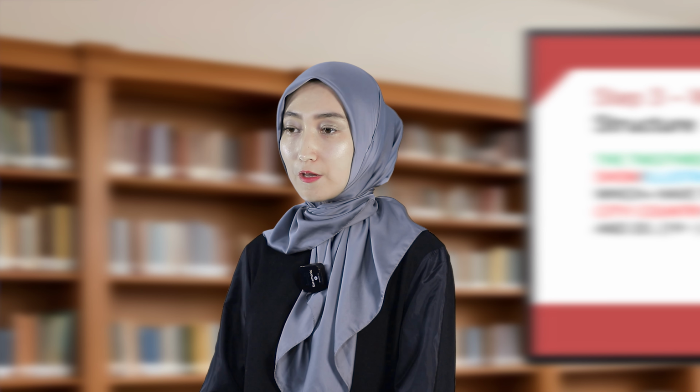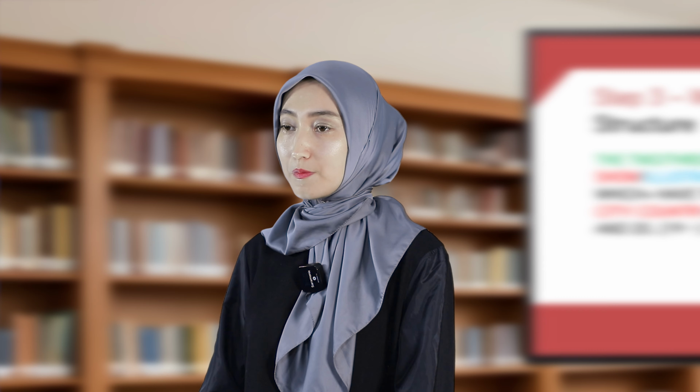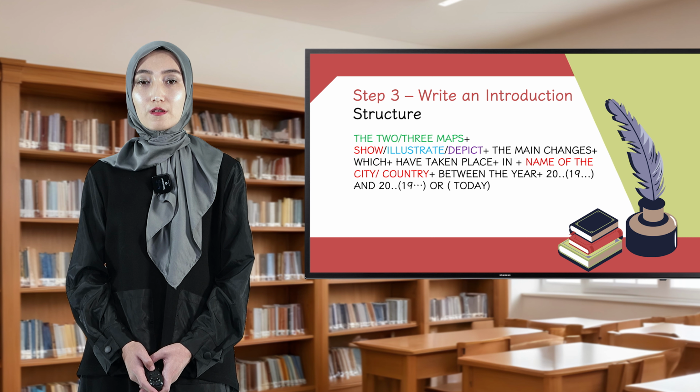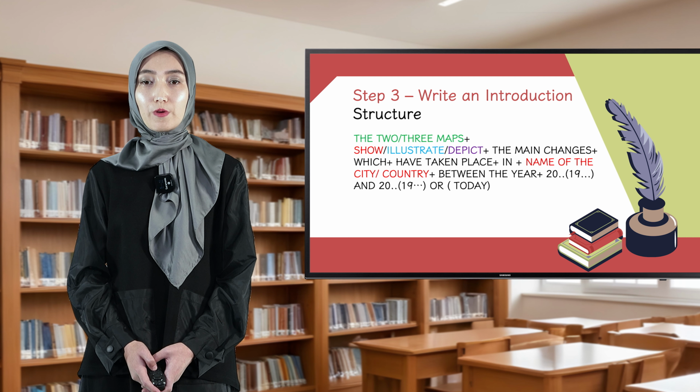For example, if you're given the present and the past maps, you can use the present perfect after the relative clause like have taken place, and after the preposition you can write the name of the city or country.